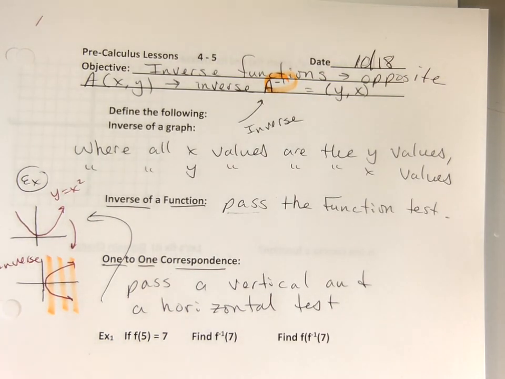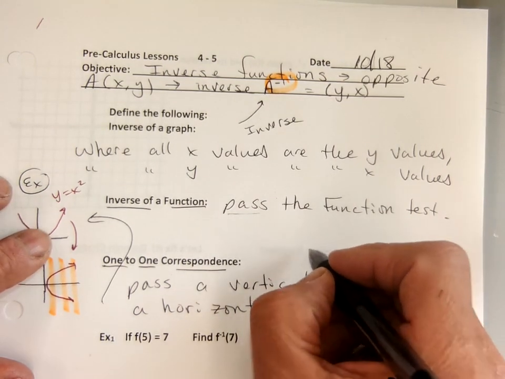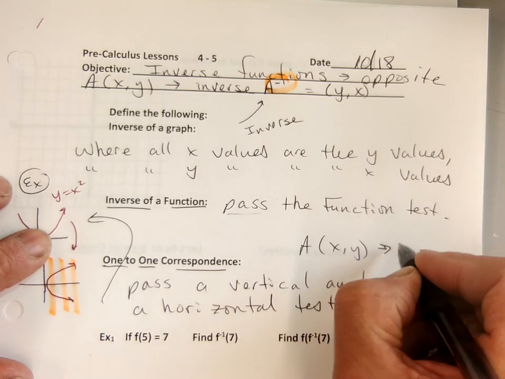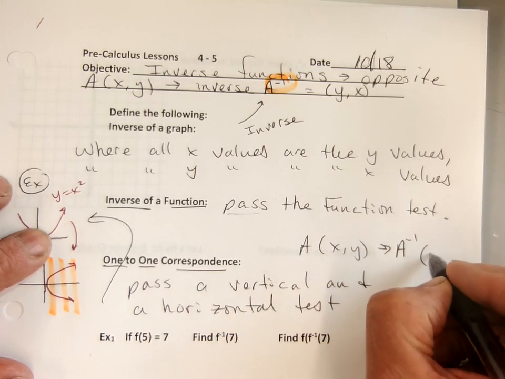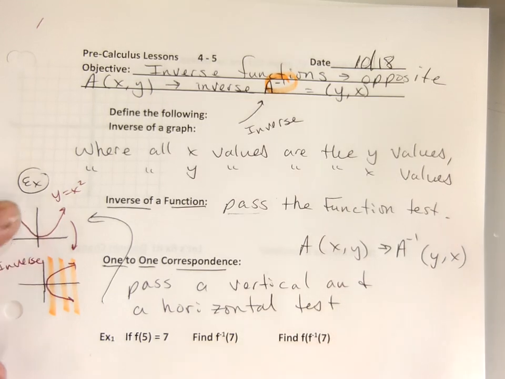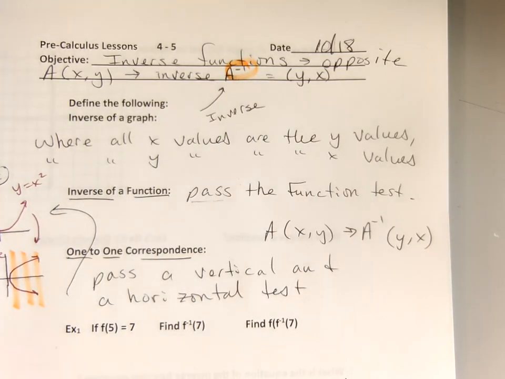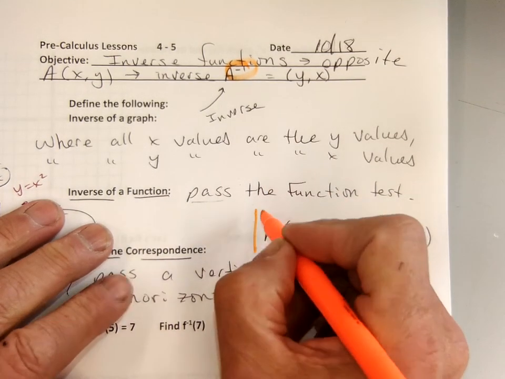Now, let's go back to points. So on points, if I have any particular point, point A has an x and a y, then its inverse is just to switch the y's and the x's. Okay? I'm going to highlight that.